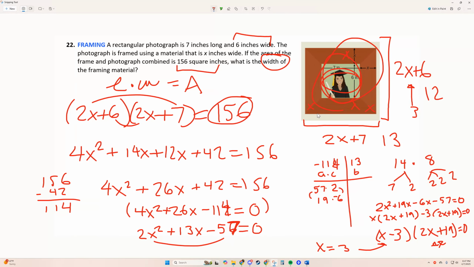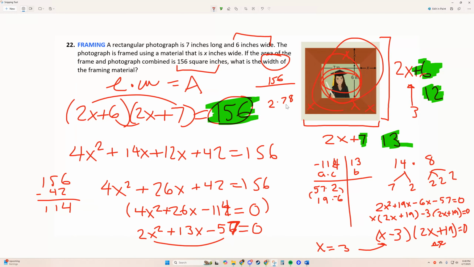Like a fast way of doing this, now that I know, is you could factor 156. And what's the difference between the length and the width? They're 1 apart, so I know the length is 1 more. So if you want a speedy way, just think: 156, well, that's 2 times 78.